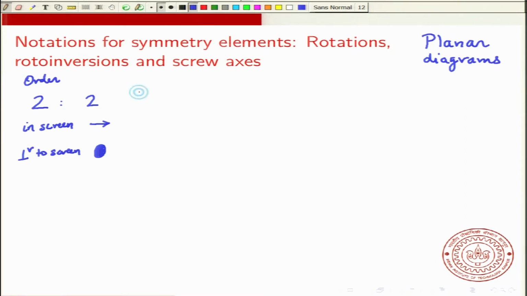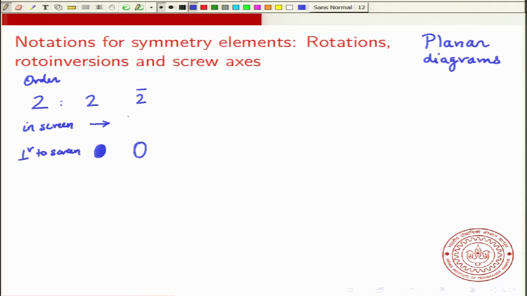Now there can be other twofold axes. You can have a 2 bar, which is a twofold rotation plus an inversion. I'll show a 2 bar that is perpendicular to the screen.